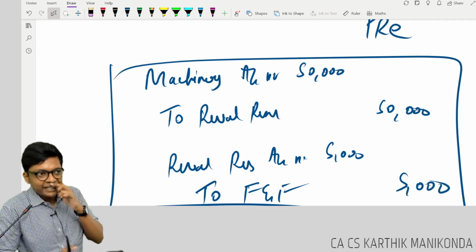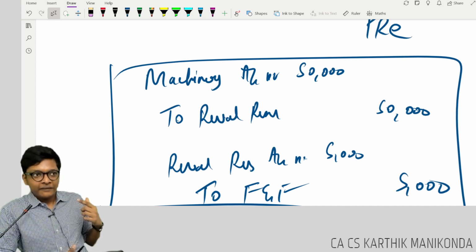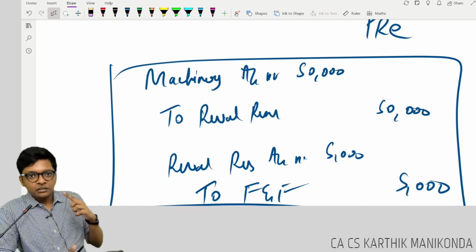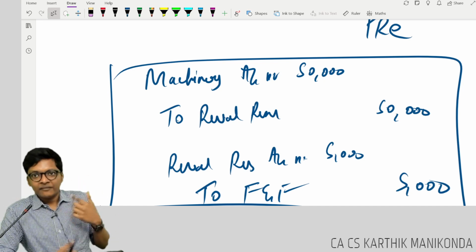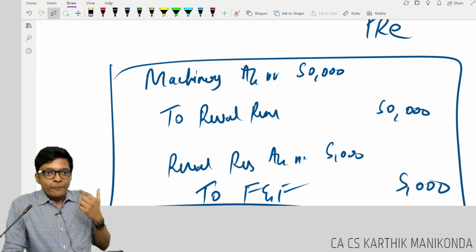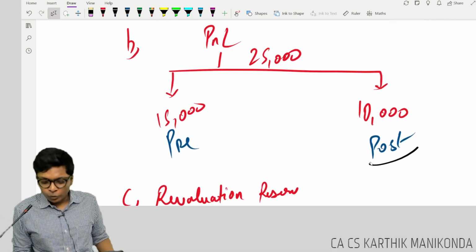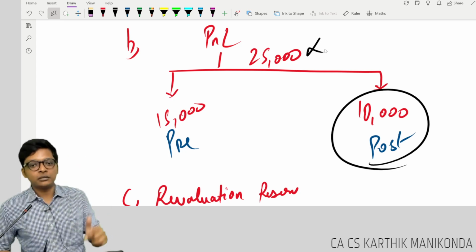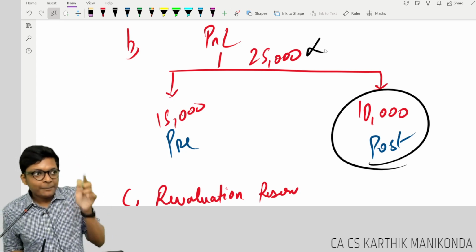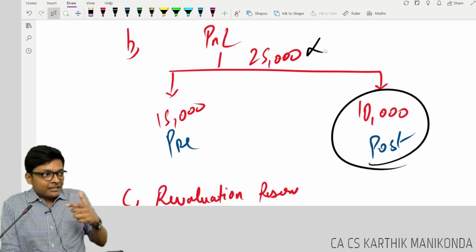Now this change in the value of asset in the beginning of the year will lead to change in depreciation. Change in depreciation will affect what? Profit and loss account. Which profit and loss account? Post. That means my closing balance cannot be 25,000, correct? It has to be reduced by the amount of additional depreciation that we have missed out.